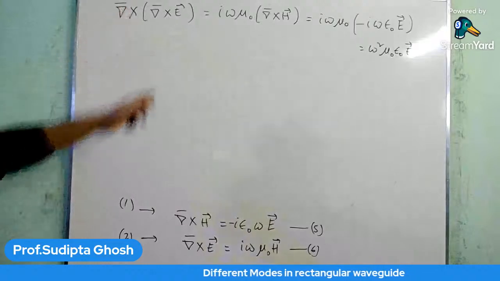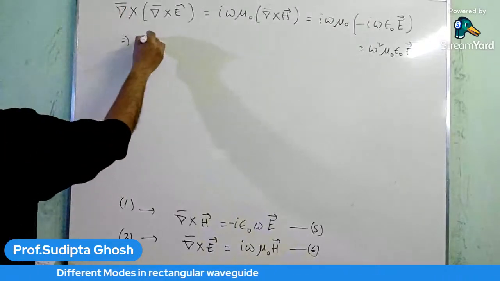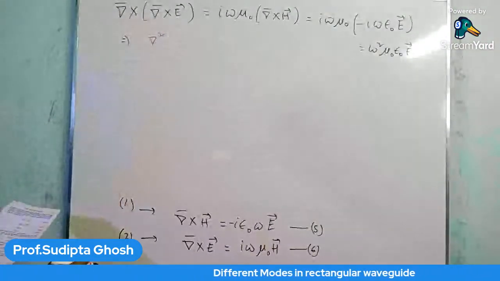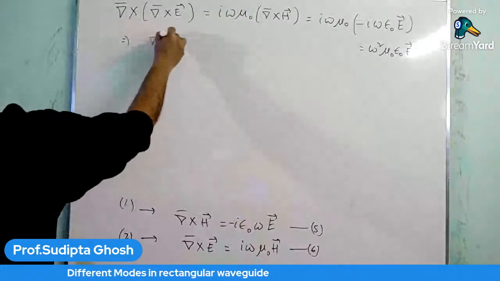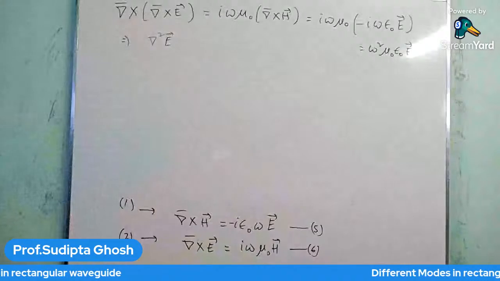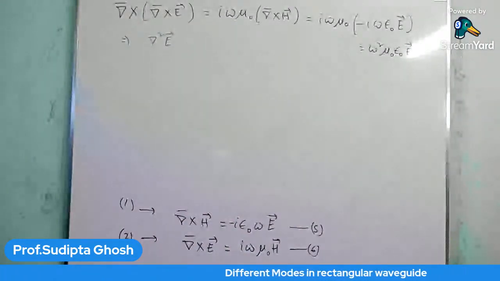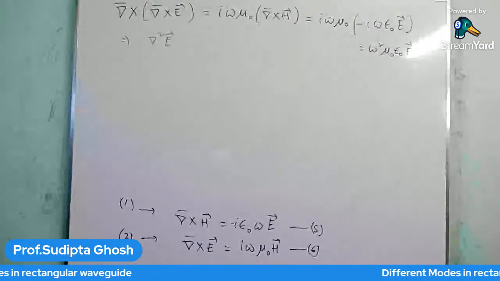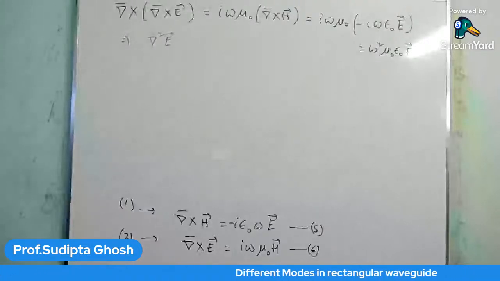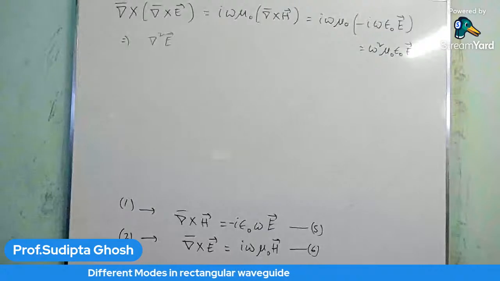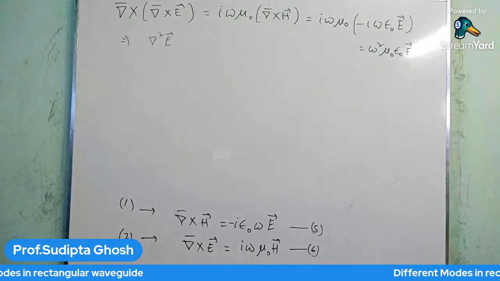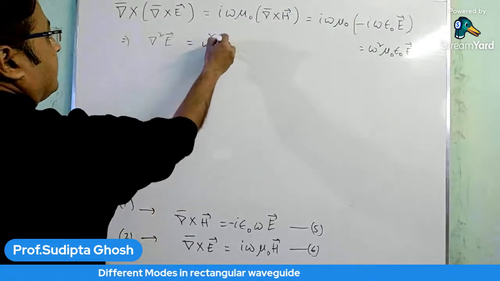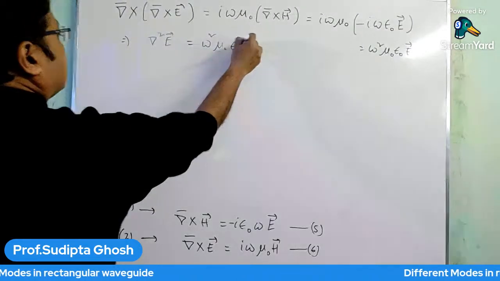Now curl of curl E, using the vector identity for A cross B cross C, means gradient nabla of divergence E minus delta square E. So it will be delta square E, and it equals omega square mu 0 epsilon 0 capital E.